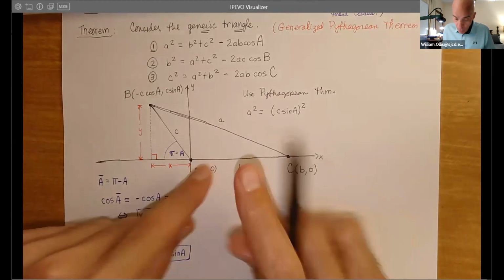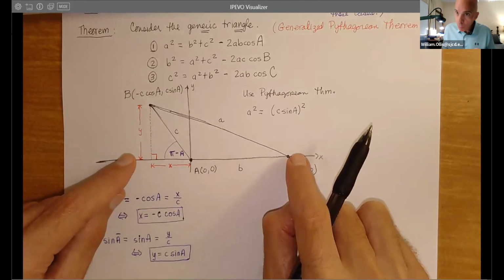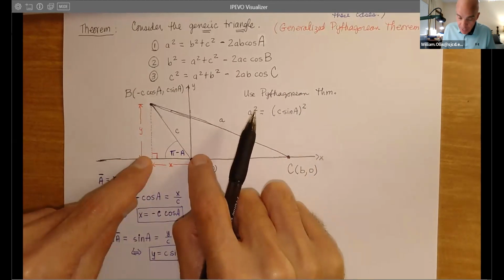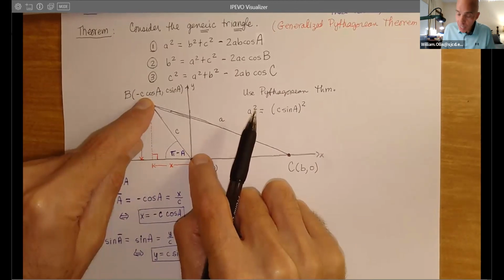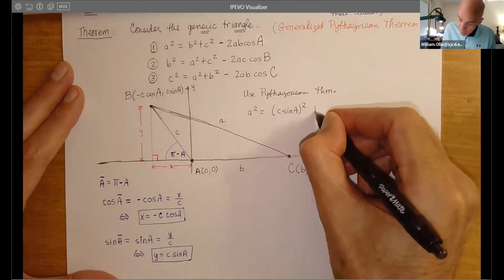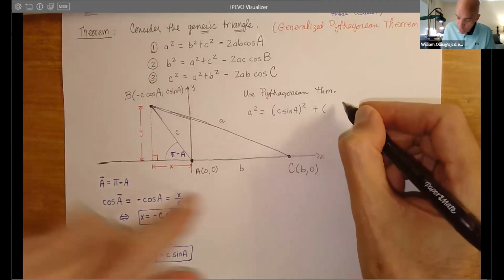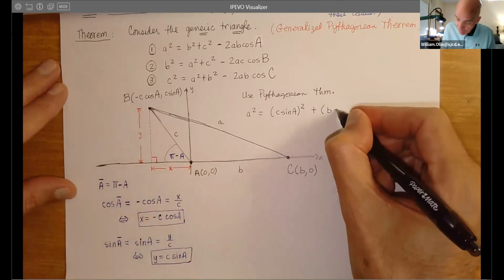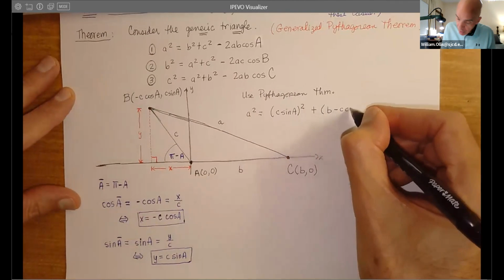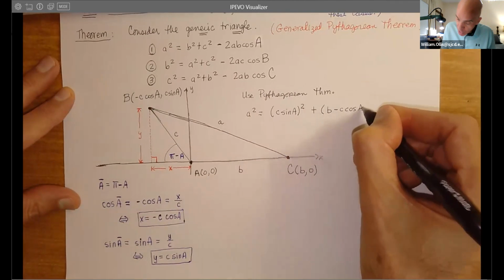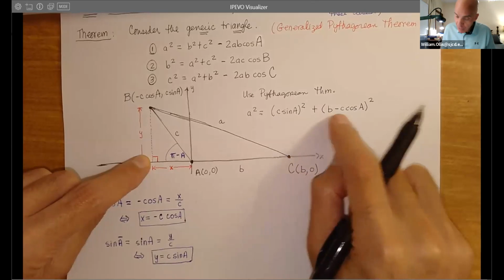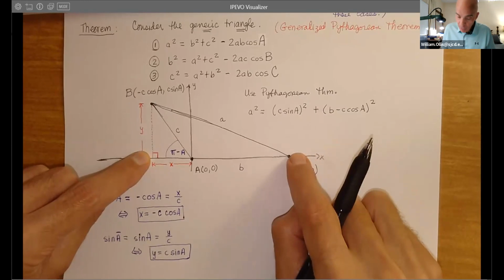And then we need this leg, but we know that it's the distance here, b, plus the distance here, which is negative c cosine A. So we have plus, I guess we can do the b first, b minus c cosine A quantity squared. So the distance from here to here is just b minus c cosine A right there.